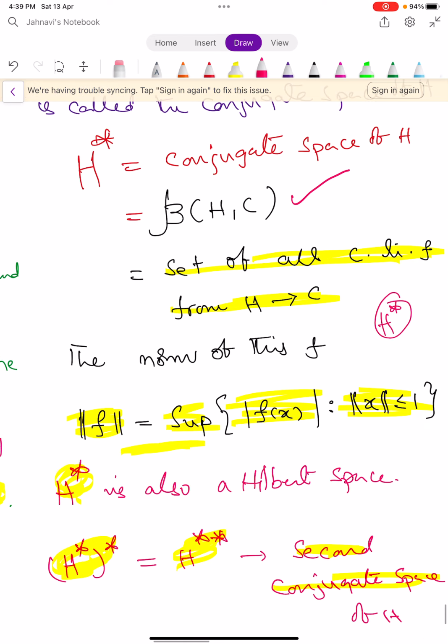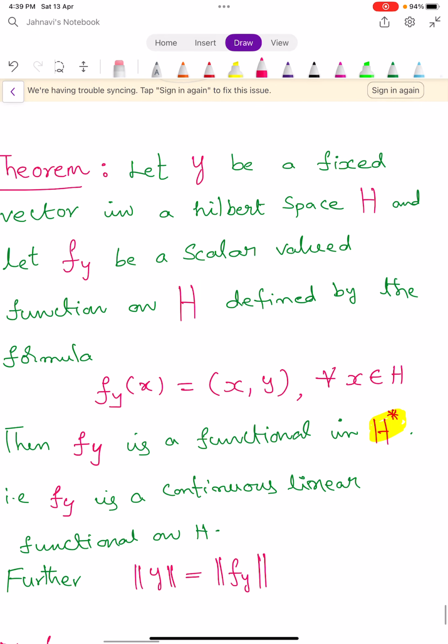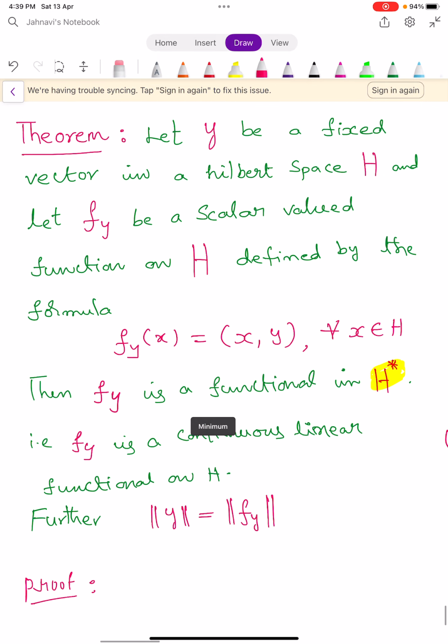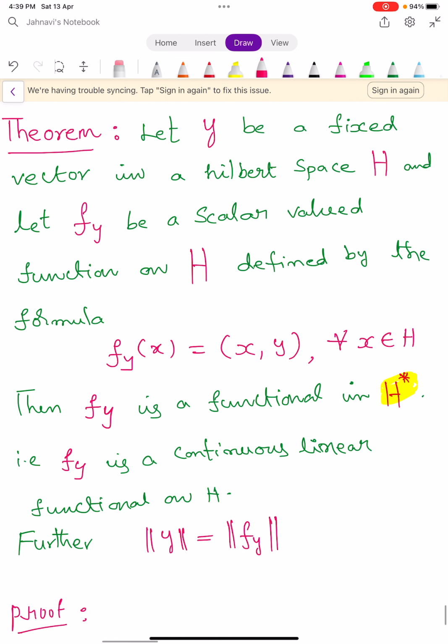Now we are ready to prove the theorem whose statement is like this. Let y be a fixed vector in the Hilbert space H and fy be a scalar valued function on H defined by the formula fy of x is equal to inner product of x comma y for all x belongs to H. Then fy is a functional in H star. And further, you have to show that norm y is equal to norm fy.